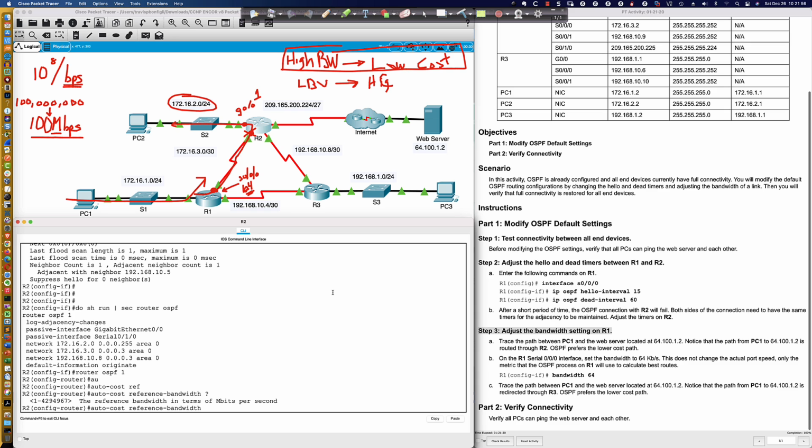So the auto cost reference bandwidth is set in megabits per second. And remember, if we wanted to set it to a gigabit per second, a gigabit is how many 100 megabits per second? 1,000 megabits per second is 1 gig.